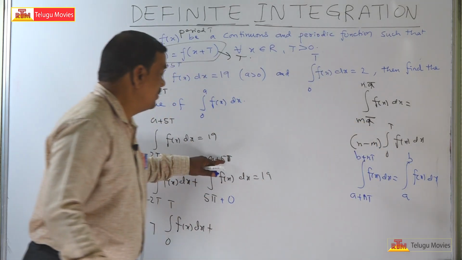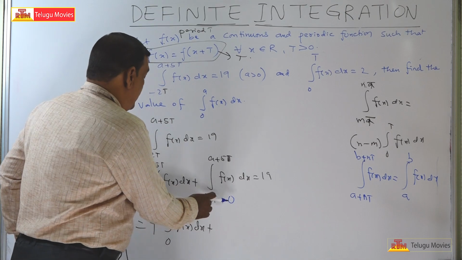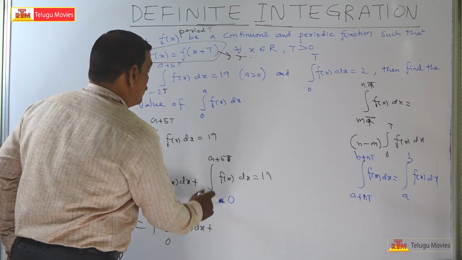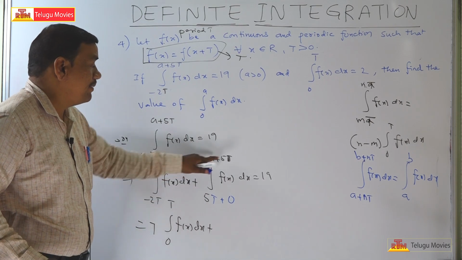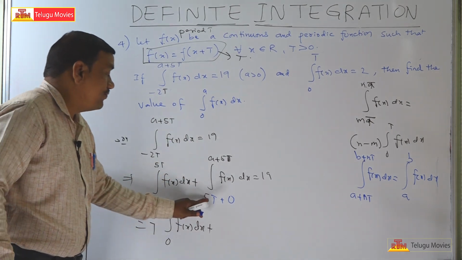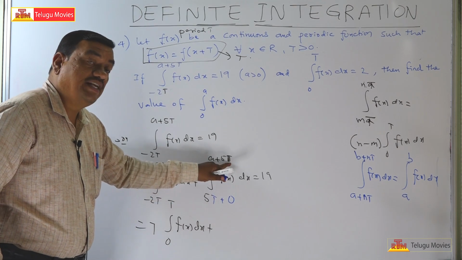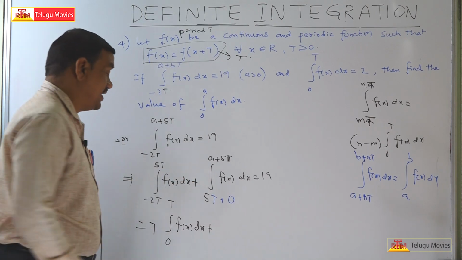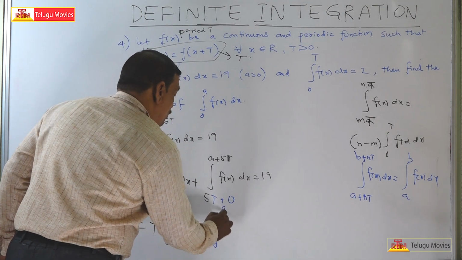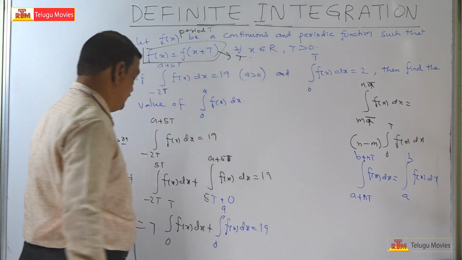Here also, the integral from 5T to a plus 5T, the period of f of x is T, so we can remove 5T and write it as the integral from 0 to a of f of x dx, which is equal to 19.